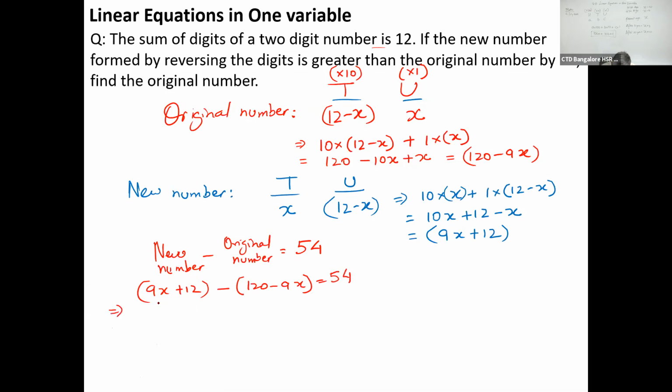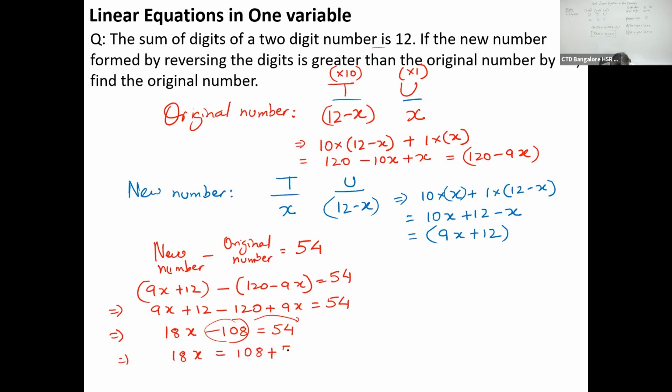Now it's pretty straightforward. Let's open the brackets. 9x plus 12 minus 120 plus 9x equals 54. So this is 18x minus 108 equals 54. So you get 18x equals, transposing to the other side, 108 plus 54, which is 162.